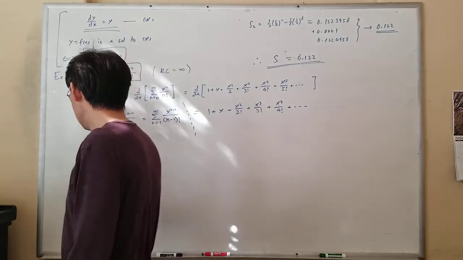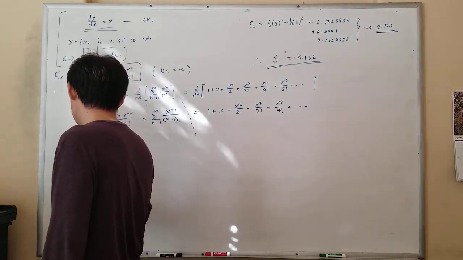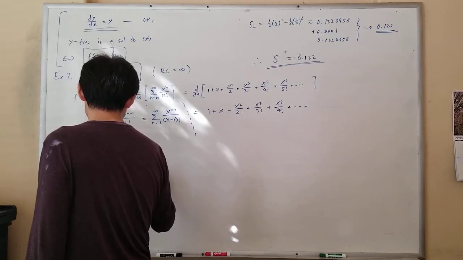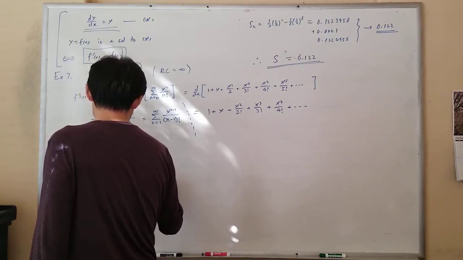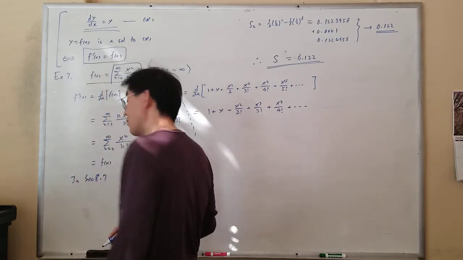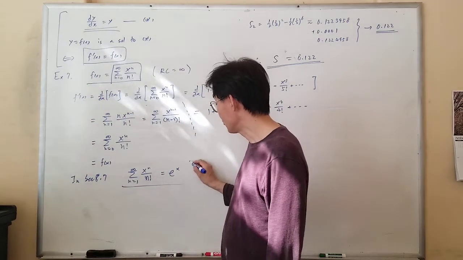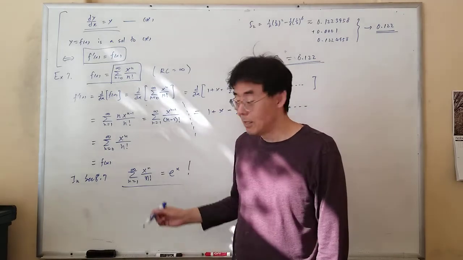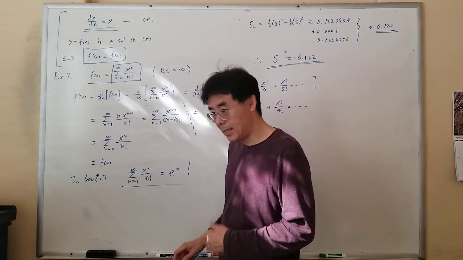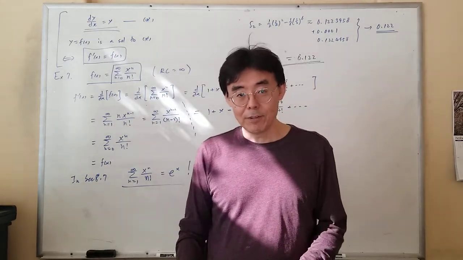Now, later in section 8.7, we will show that this is a power series representation of e to the x, actually. All right? We'll show that in the next 3 video lectures.